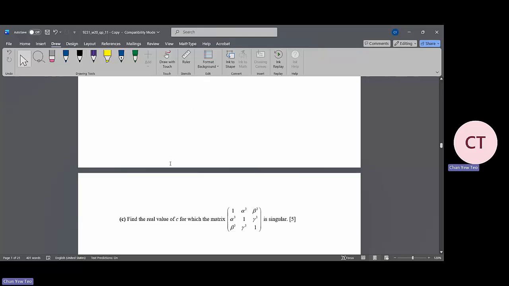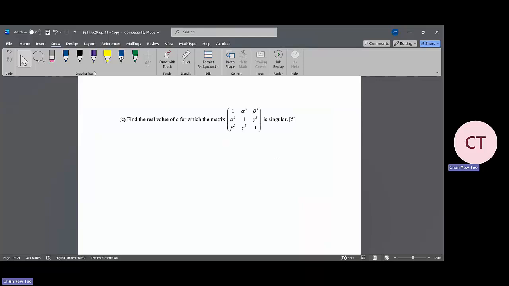And now we move on to part C. We want to find the value of c, given that the matrix over here is singular. So if the matrix is singular, it means the determinant of this matrix is 0. So for the determinant of a matrix, just apply the formula accordingly.